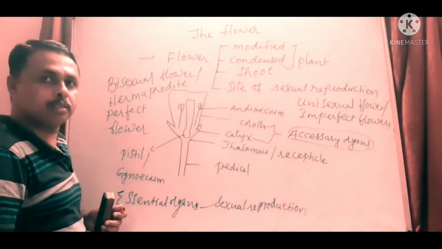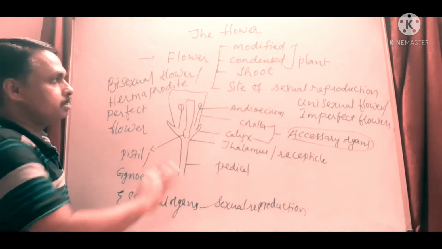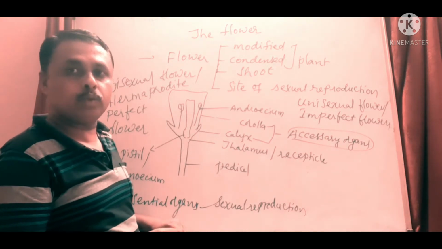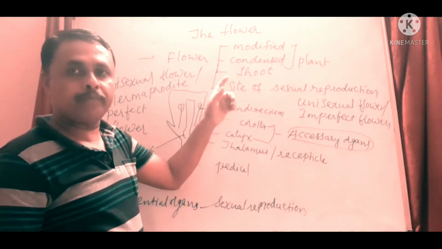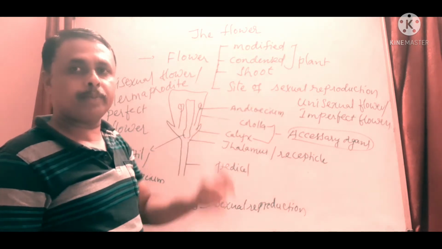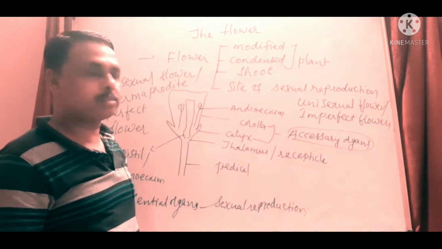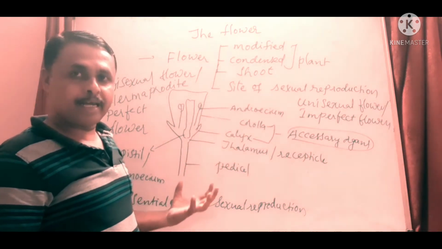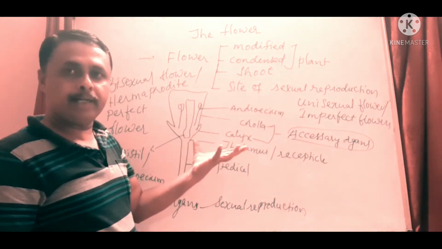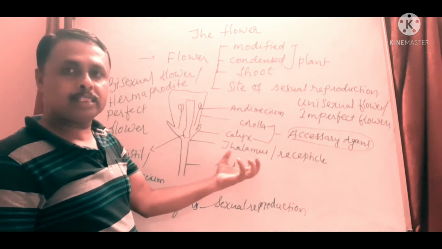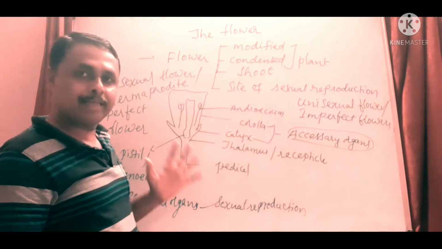Now, a flower is a modified condensed shoot of a plant. The flower is the site of sexual reproduction of a flowering plant, and it has different organs. All these organs are raised from the receptacle part of the pedicel, which is called thalamus.